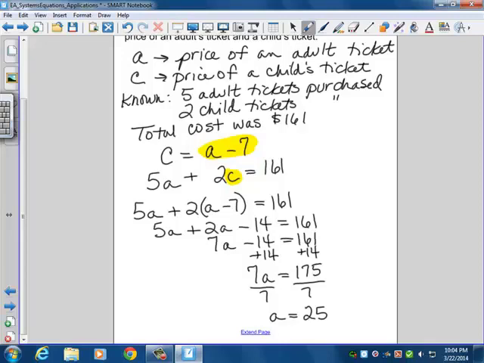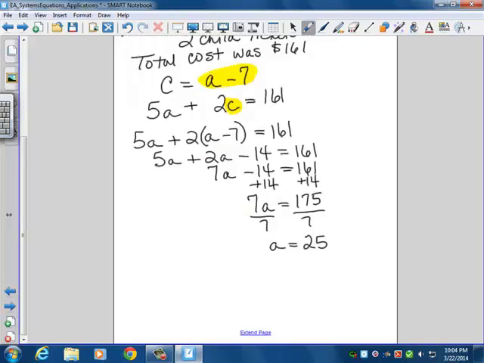Especially when I have things in 25, I think about quarters. 7 quarters would make $1.75, so I feel pretty comfortable with that math. So now I have A. I can go back and substitute it into my first equation. So C is equal to A, and I'm going to use the value of 25 for A, minus 7. So C is equal to 18.